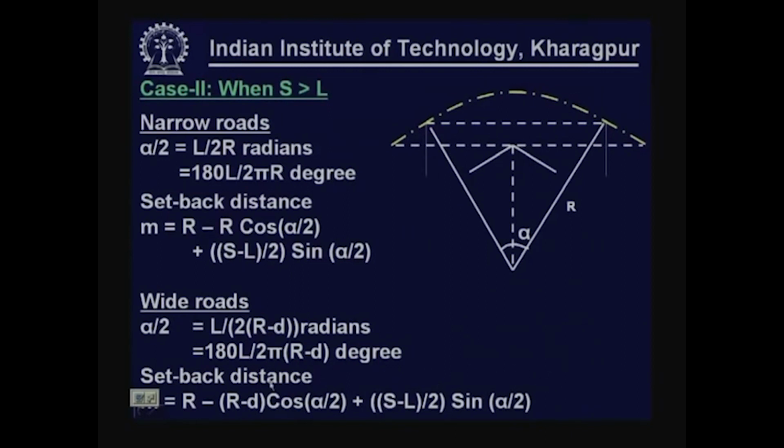A very similar expression, appropriately modified considering the distance small d, the distance between the center line of the road and the center line of the inner lane. Similar adjustment.